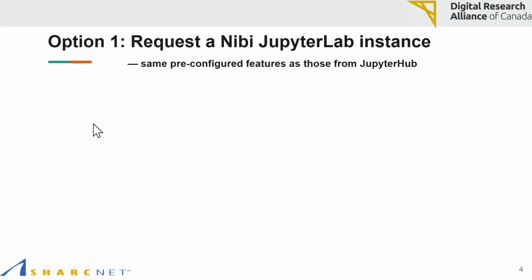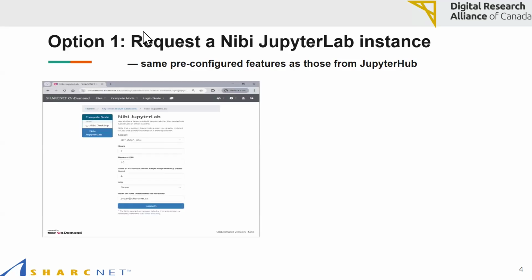So here, option 1: request a Nibi JupyterLab instance, which is the same as from JupyterHub. If you're familiar with the previous JupyterHub or you want a quick start, this is the option to use. When you log into the Sharcnet OnDemand portal, click Compute Node, and then select Nibi JupyterLab.